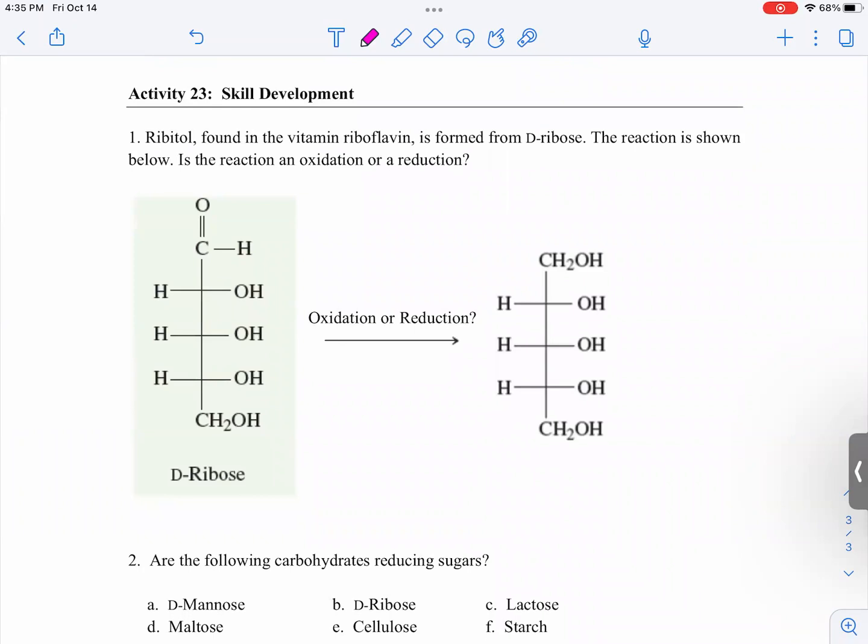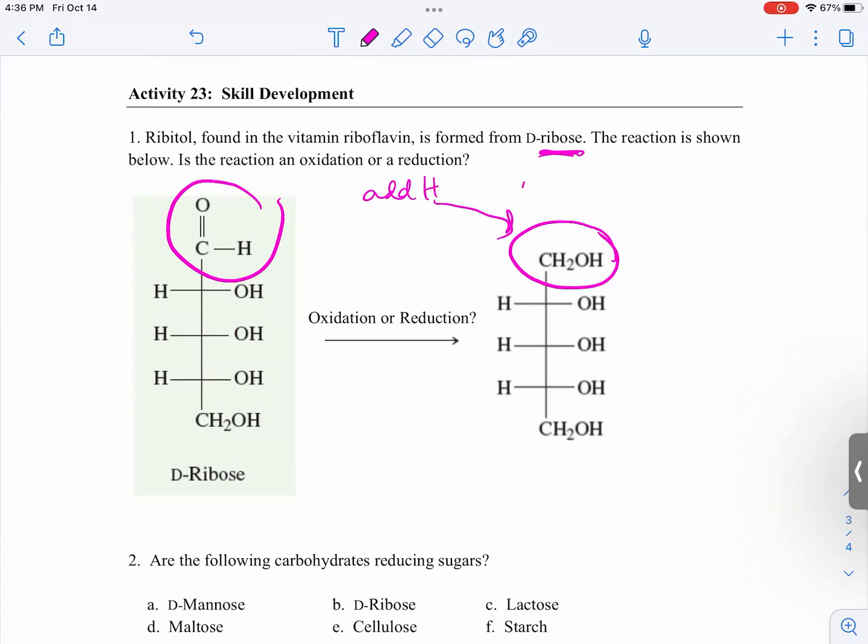Now we're going to do some oxidation and reduction again. Ribitol is found in the vitamin riboflavin. It's formed from D-ribose. We talked about ribose. The reaction is shown below. Is the reaction oxidation or reduction? So what has happened between these functional groups? Add hydrogen or oxygen? You added hydrogens here.